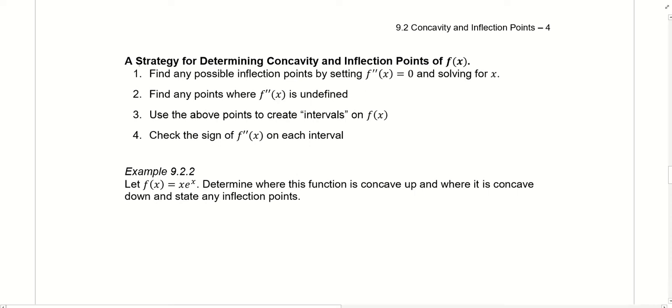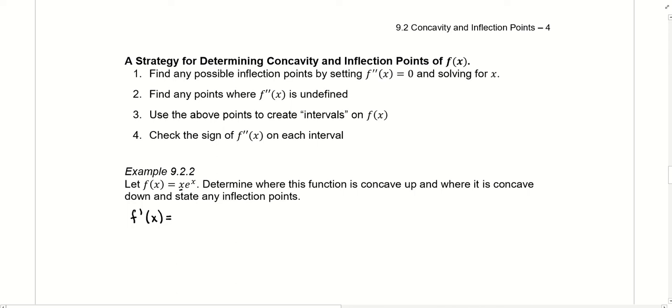All right, so if I take a look at my steps, I can see I have the second derivative mentioned quite a bit. So first thing I'm going to do before I start these steps is go ahead and find my second derivative so that I can use it in my process. To find my second derivative, I need to first find my first derivative. So I'm going to go ahead and use the product rule here.